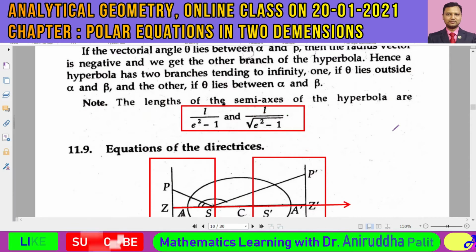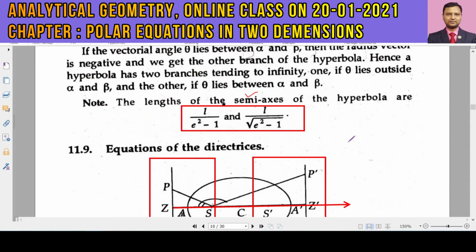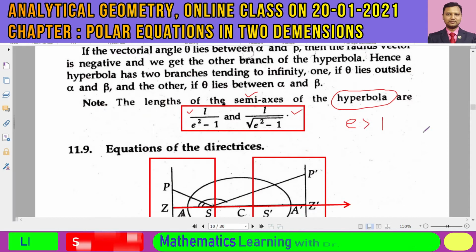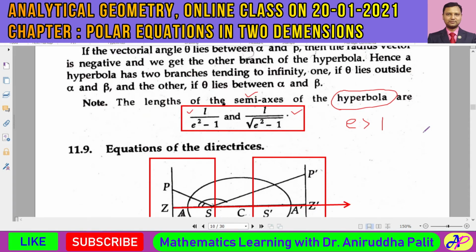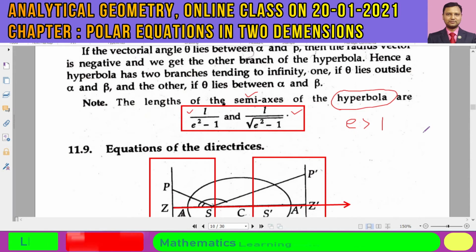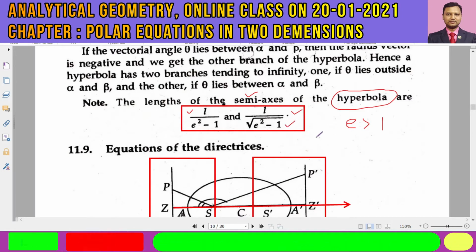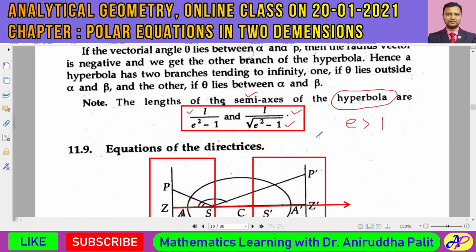A similar kind of formula is there in case of a hyperbola as well. We can define two semi-axes, and the lengths of the semi-axes are L divided by (e square minus 1) and L divided by root over of e square minus 1. Just try to remember the fact that in case of a hyperbola, e is greater than 1, and in case of an ellipse, e is less than 1, and accordingly this square root expression has to be modified.